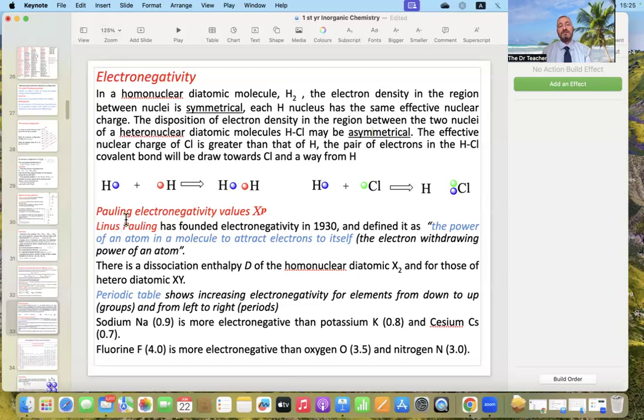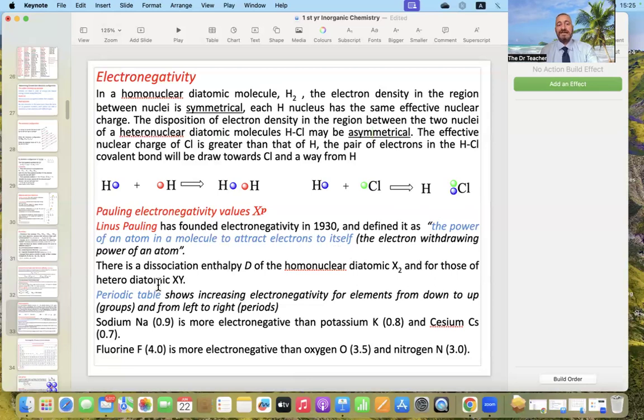Pauling electronegativity values, symbol XP. Linus Pauling founded electronegativity in 1930, defining it as the power of an atom in a molecule to attract electrons to itself, the electron withdrawing power of an atom. That's what we are saying, affinity.